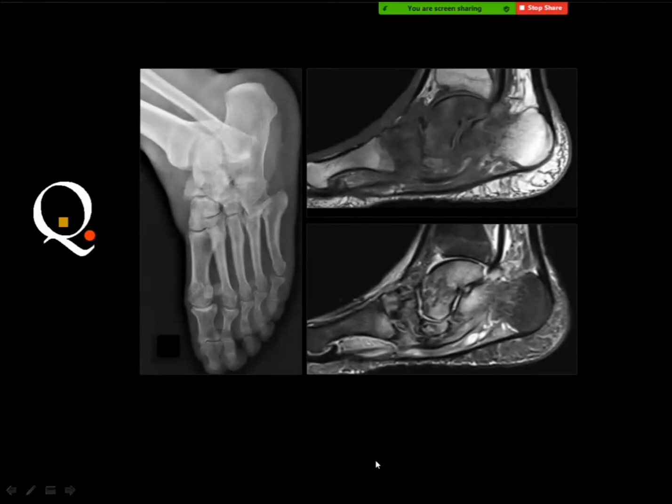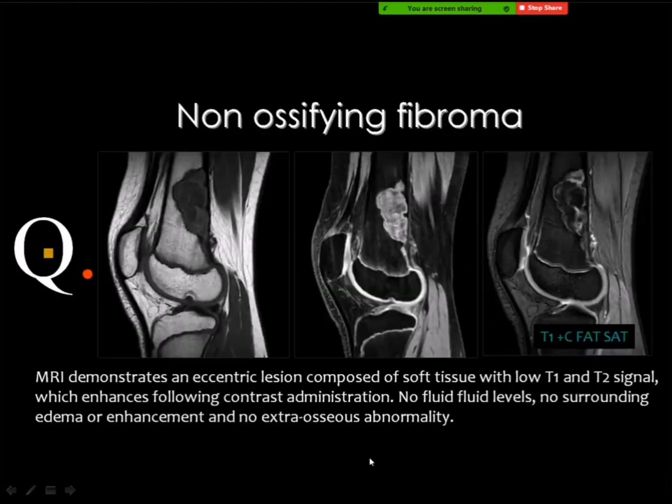Dr. Mamdouh, how can we differentiate it from a chondromyxoid fibroma? Actually, the chondromyxoid fibroma is not one of the frequent lesions we can see in clinical practice, but it's usually associated with some expansion of the bone and some sclerosis of its cortex.